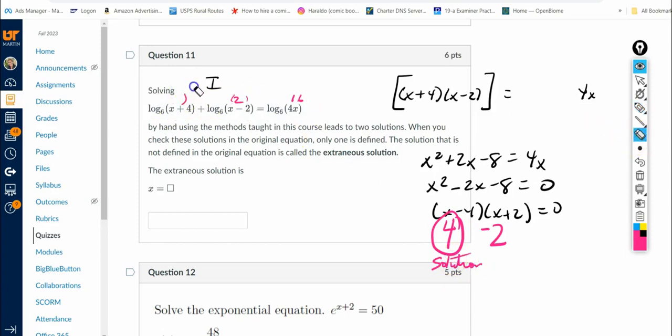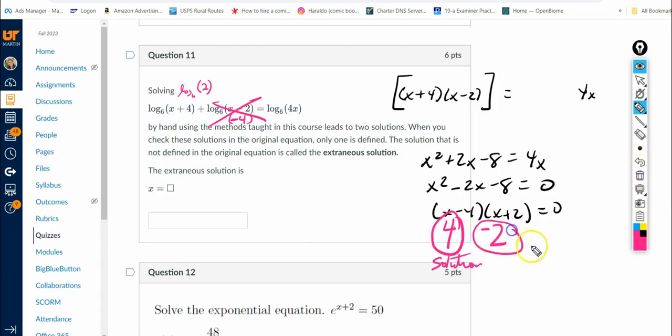But now I have to go back and check with negative 2. If x is negative 2, this becomes log base 6 of positive 2, which so far is okay. The argument inside the parentheses becomes negative 2 plus 4, which is positive 2. But here, if x is negative 2, then this argument becomes negative 4, and you can't take a logarithm of a negative number or 0.